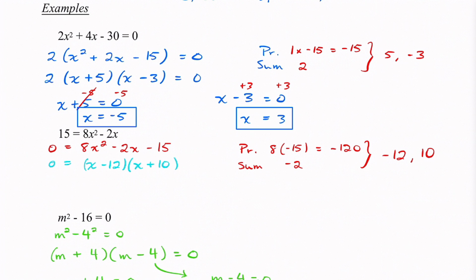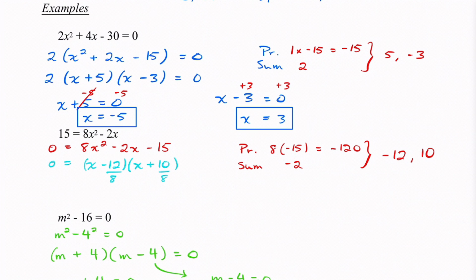Once we have that, the next step is, whatever number was here, we are going to divide each of these two numbers, the negative 12 and the 10, by that leading term. So I'm going to divide by 8, divide by 8.